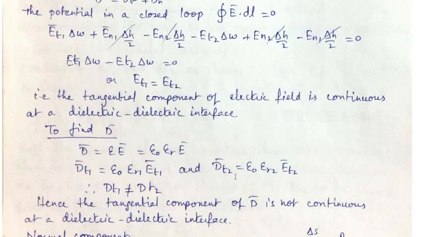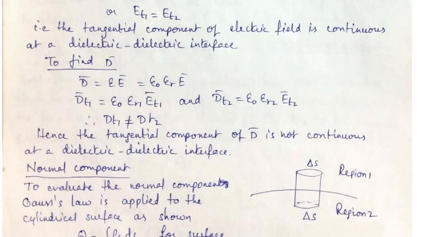Similarly, to find Dt2 we can write epsilon naught epsilon r2 into Et2. So from both of these two equations we can observe that Dt1 is not equal to Dt2. So this can be written in the statement form as the tangential component of D is not same or continuous at a dielectric interface.